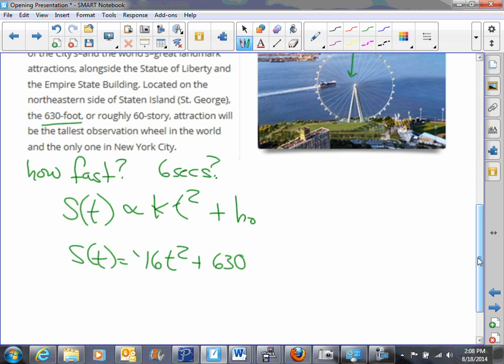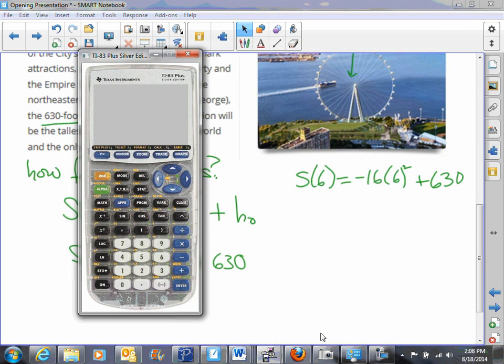This will tell us how high above the ground it is at that time, but it doesn't really tell us how fast it's going. But let's do that anyway. S of 6 would be equal to -16 times 6 squared plus 630, and just for good measure, let's put this in the calculator. We've got -16, x squared plus 630.